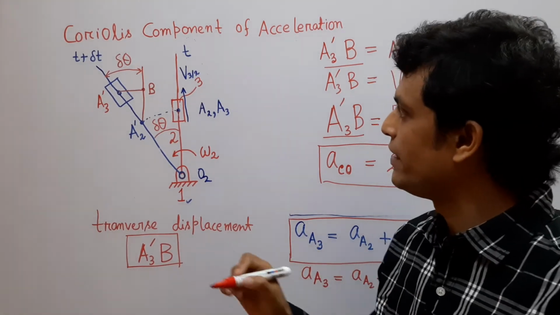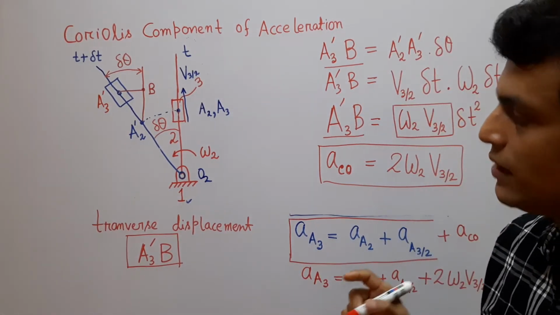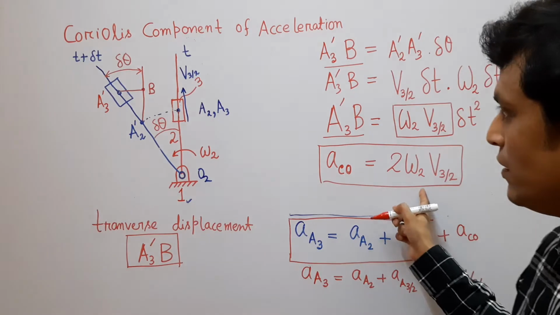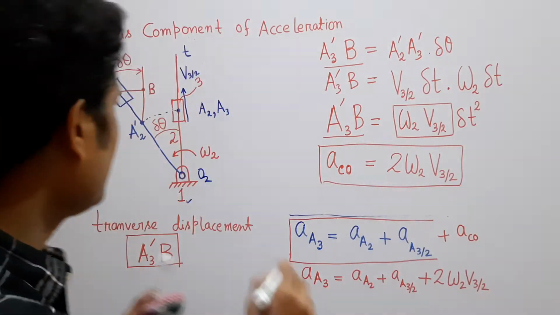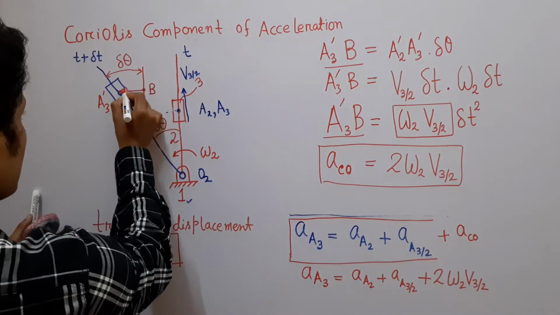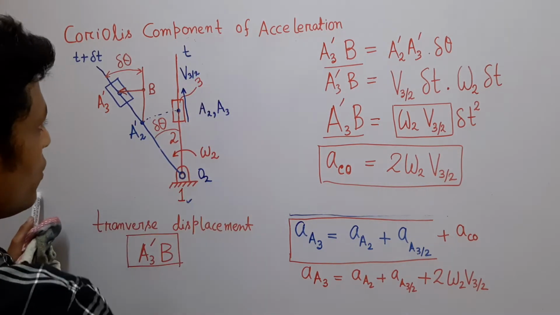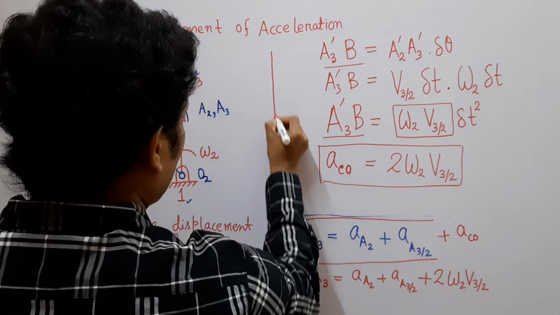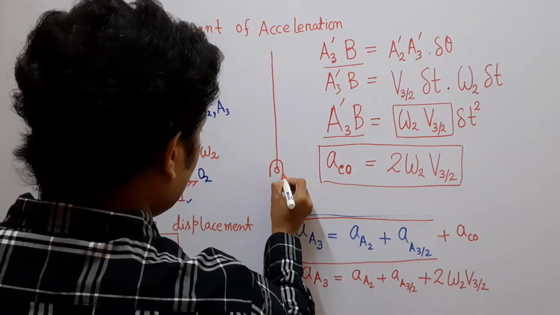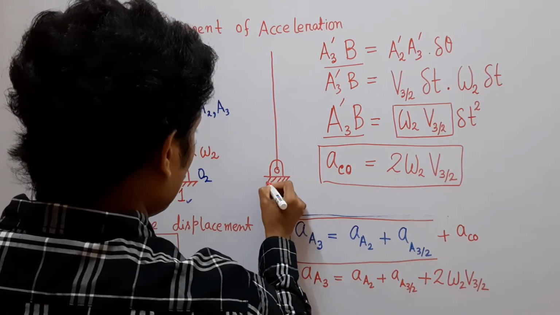V3 by 2 is the sliding velocity. Now what is the direction of this? The transverse displacement takes place into left hand direction when V is upward and omega is counterclockwise. So let me show the direction of Coriolis component.